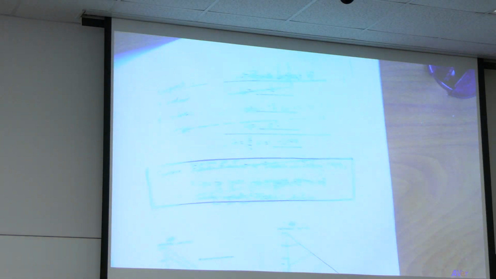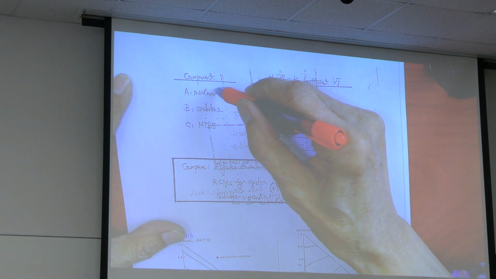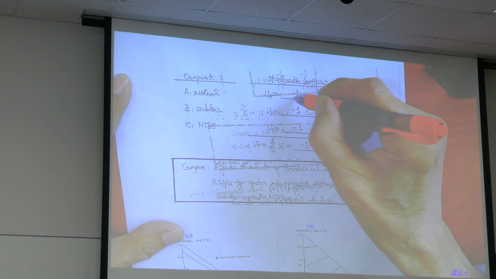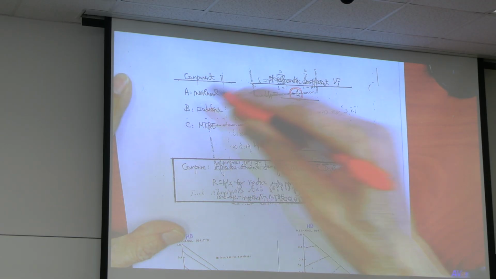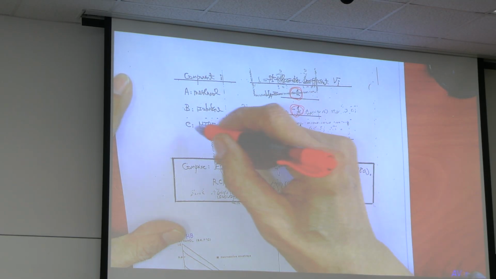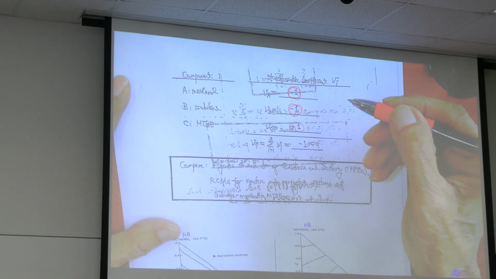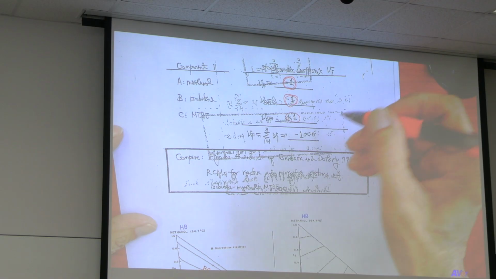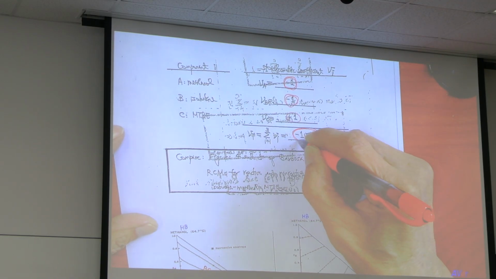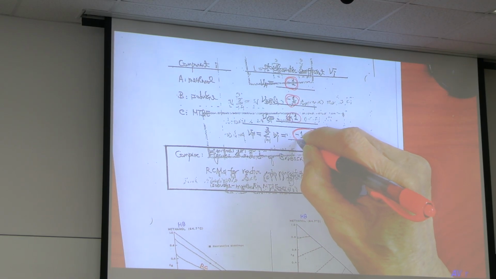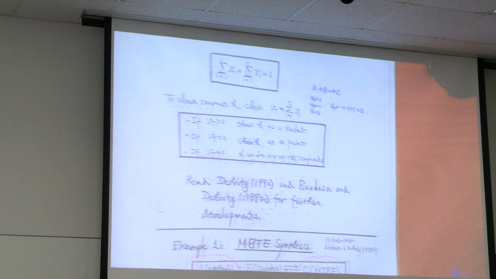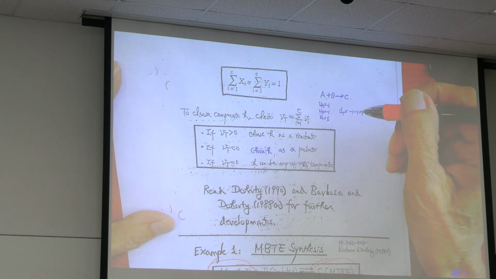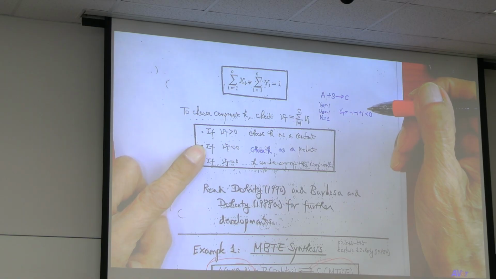Okay? So now, let's look at page 7. A minus 1, B minus 1, C plus 1. The summation is minus 1. Now, on page 6, there's a suggestion.